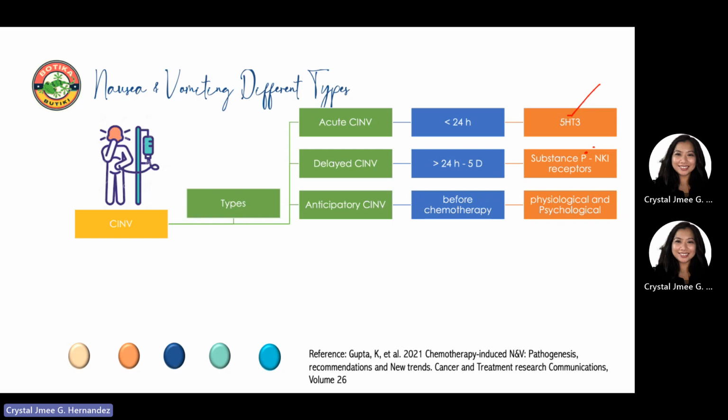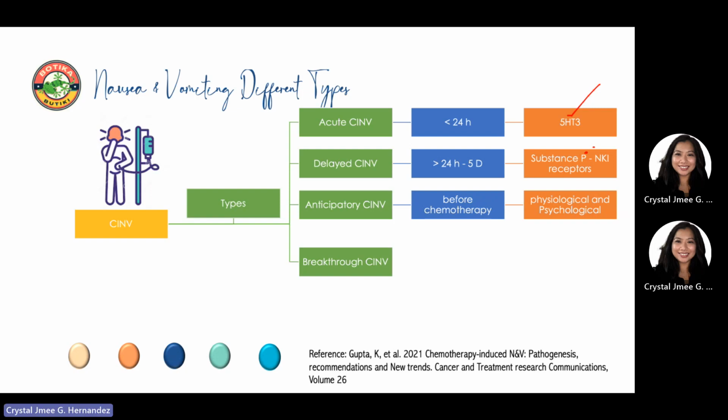So in the succeeding cycles, the patient would be manifesting the anticipatory CINV. That's why this is mediated by physiological and psychological factors.